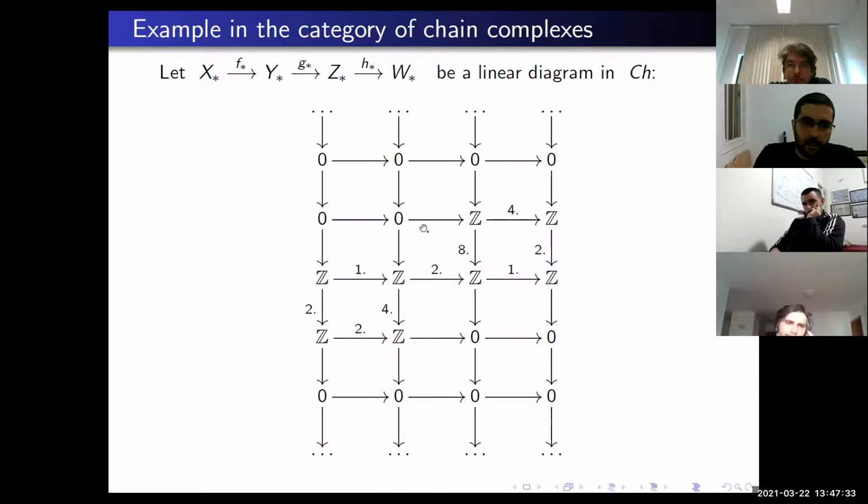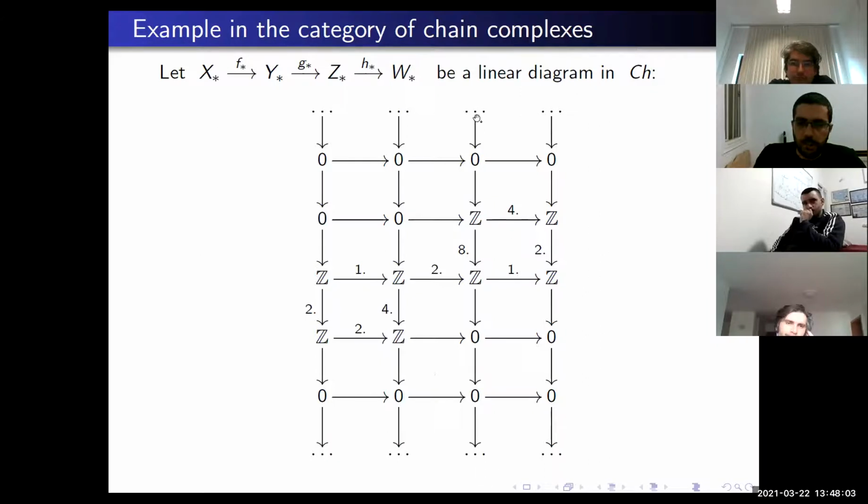Sorry, I can't do the calculation because I can't write here, but it's okay. You believe me? Yeah. So we get the identity. Here the Toda bracket will be the identity from this chain complex to itself. The suspension of this is the same. So we get this Toda bracket, and it is not null homotopic. The identity is not null homotopic.